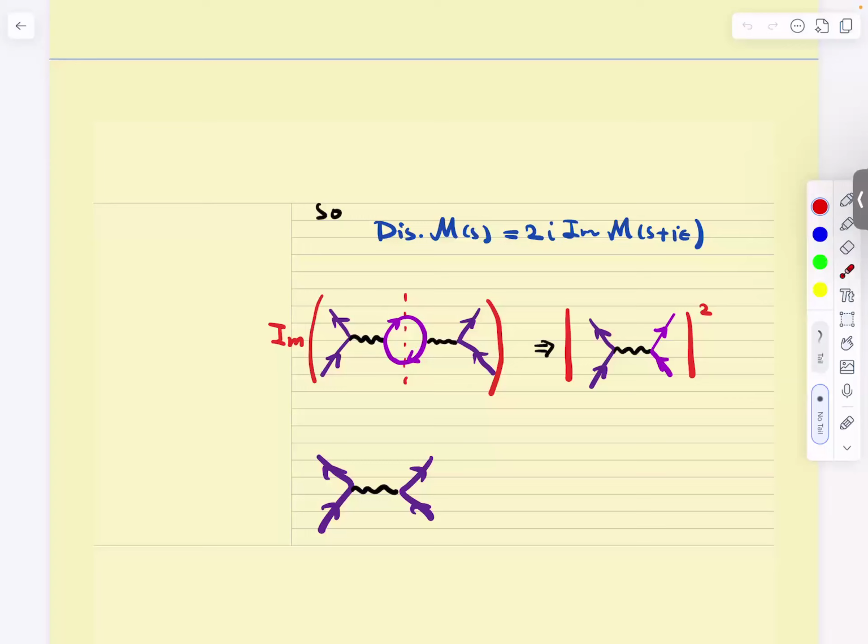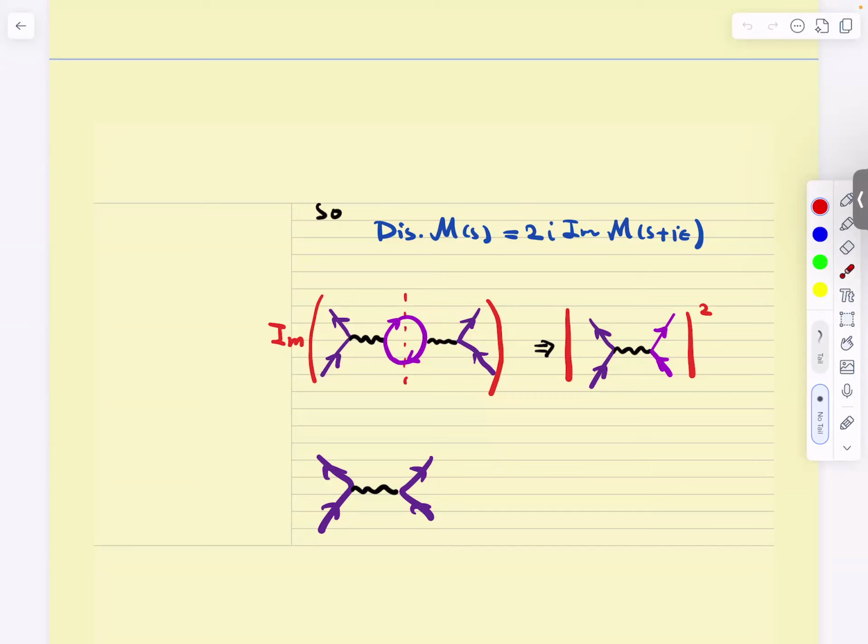It's relatively easy to understand there. It's the norm, this square. And it's like cutting this open.